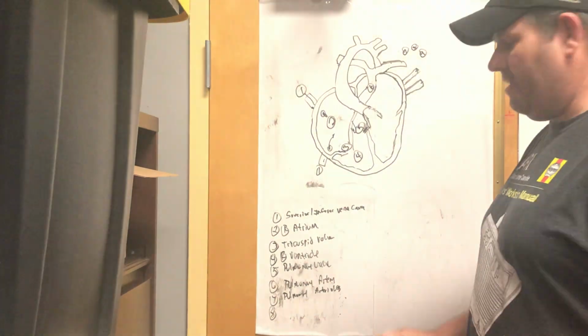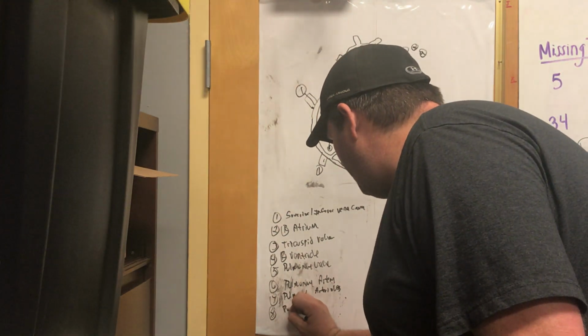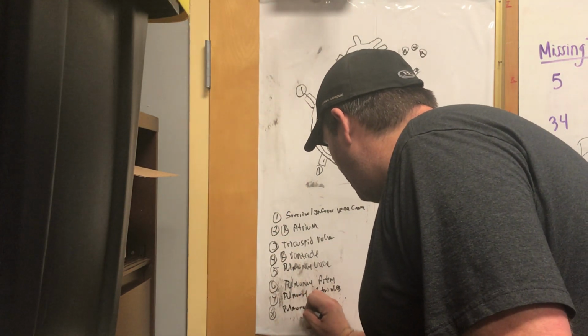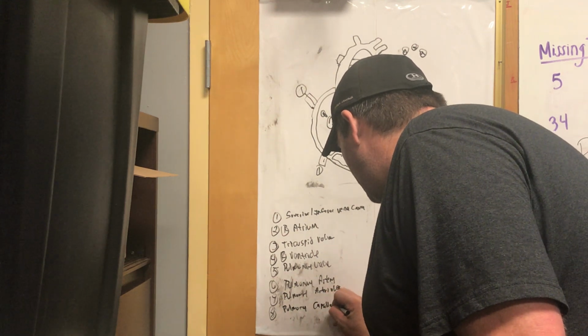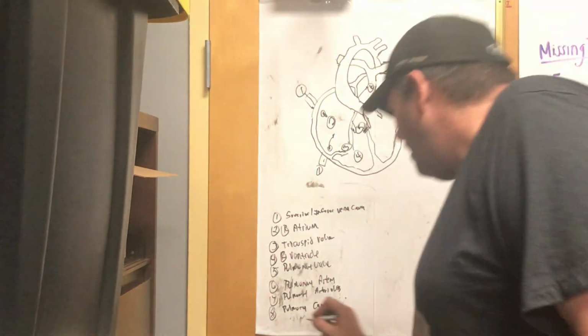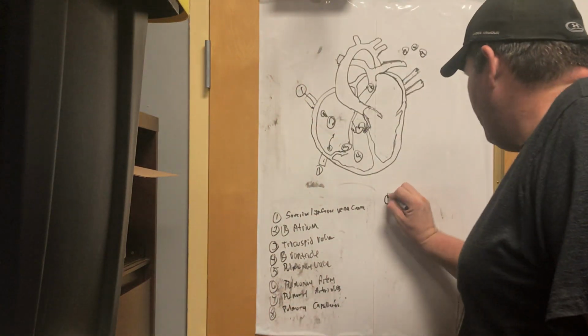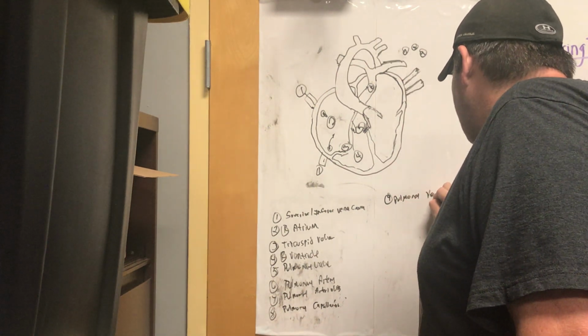Forgive me if I am, but you get the idea. The pulmonary arterioles, then the pulmonary capillaries, which is number 8, and then number 9. Let's go up here. We're going into the pulmonary venules.